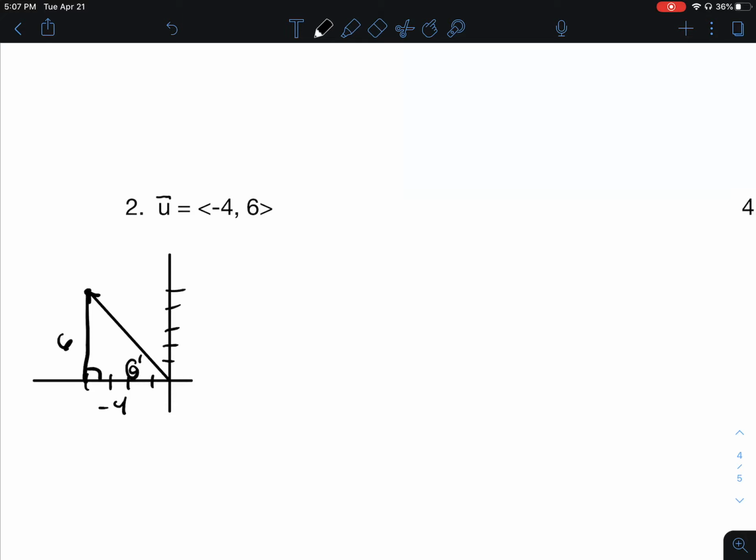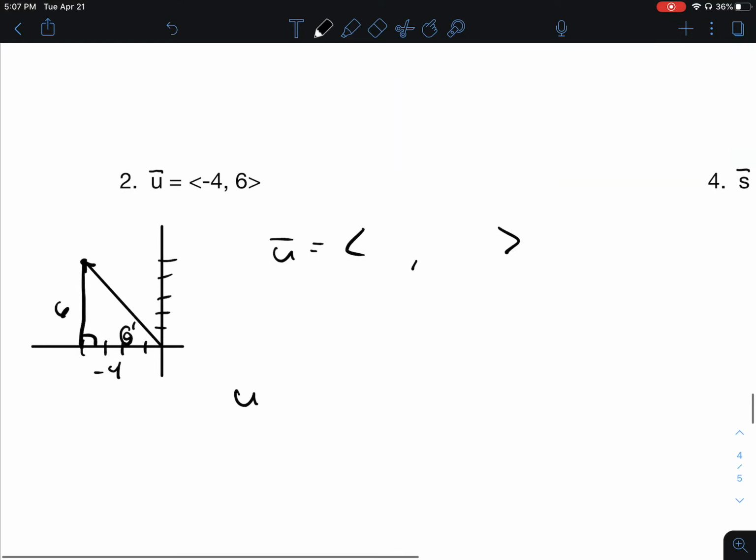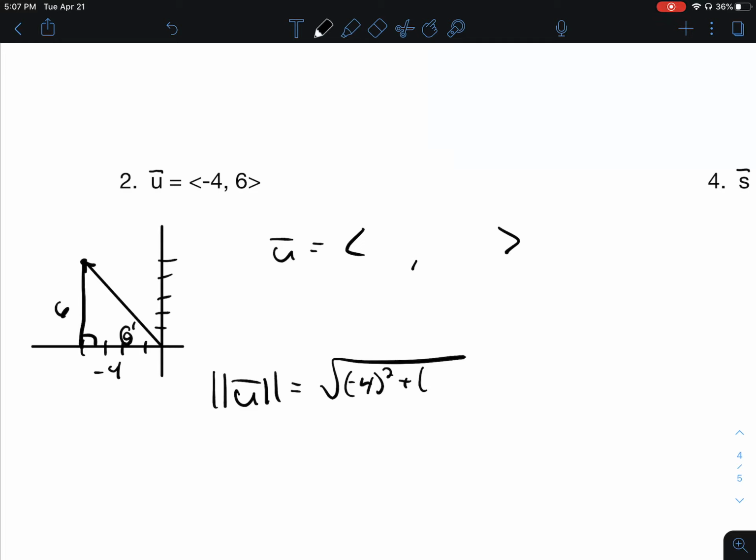We're going to find theta prime. That's not likely to give us the correct final answer, but we'll see what happens here. So let's figure out what the magnitude is. Magnitude is the distance formula. It's the Pythagorean theorem. It's the x squared plus the y squared, and then you square root them.